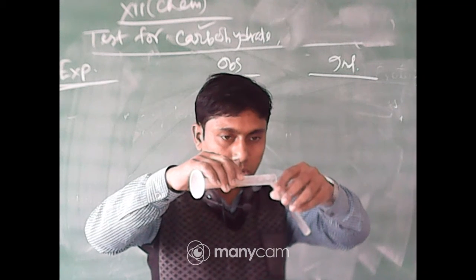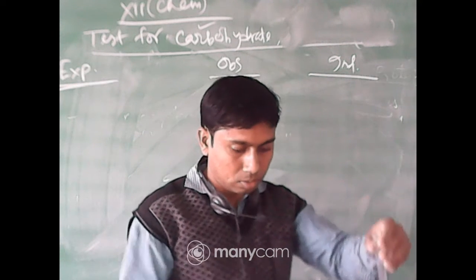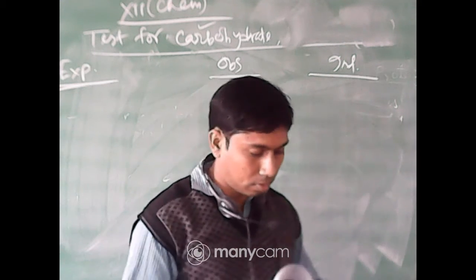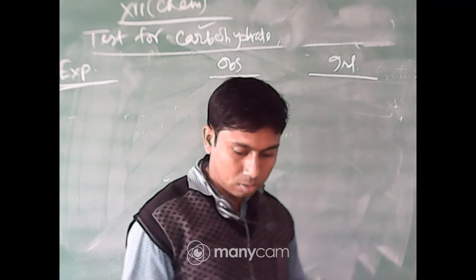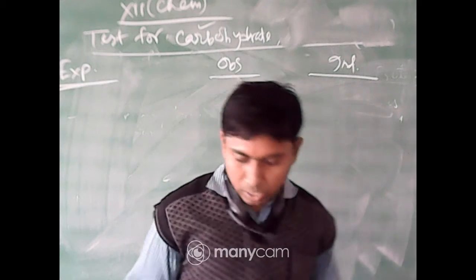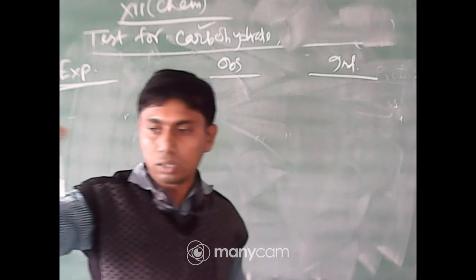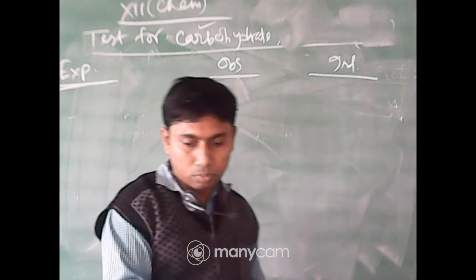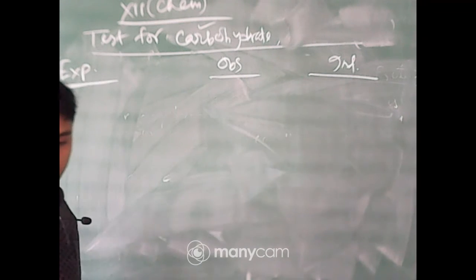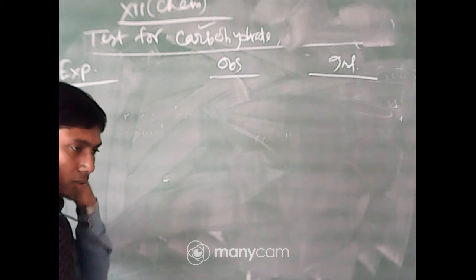This is the solution of alpha naphthol. Next, we have to add concentrated sulfuric acid along the wall of the test tube. So for this we will use the dropper.